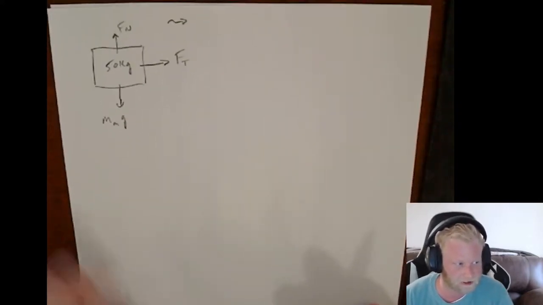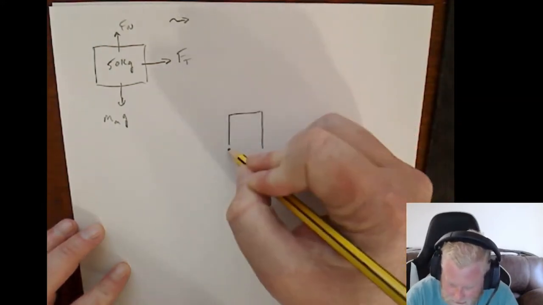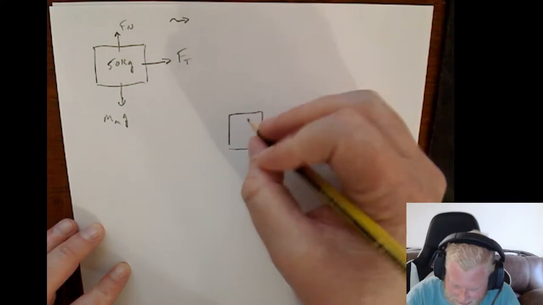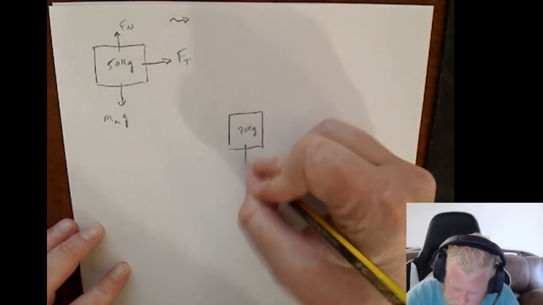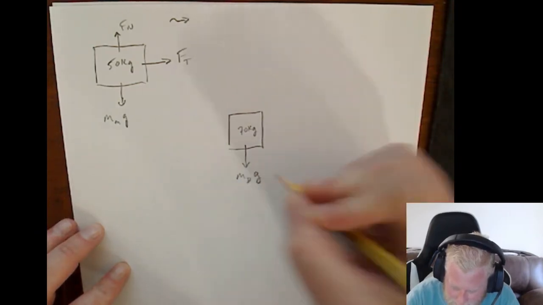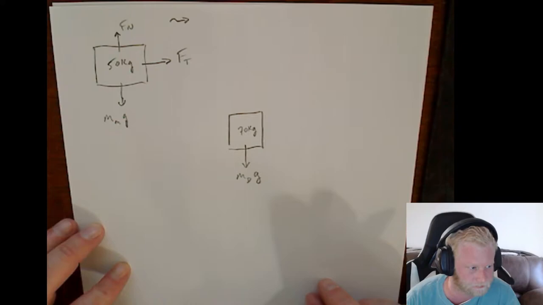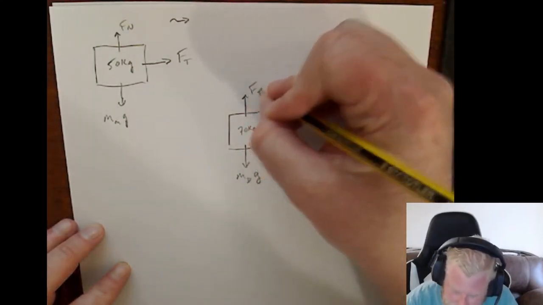Now Dawn, on the other hand, has a mass of 70 kilograms. He's got weight, so we'll call that mass Dawn times acceleration due to gravity. And there's a tension force.